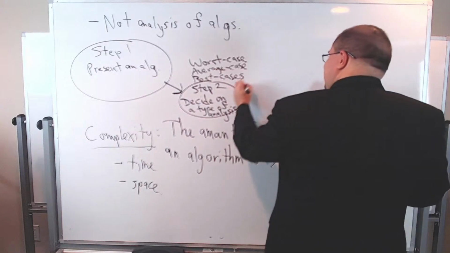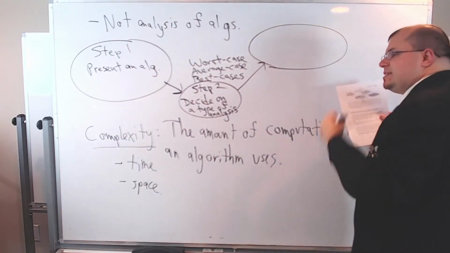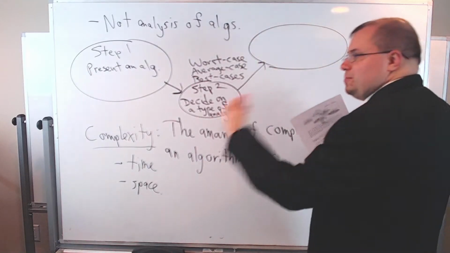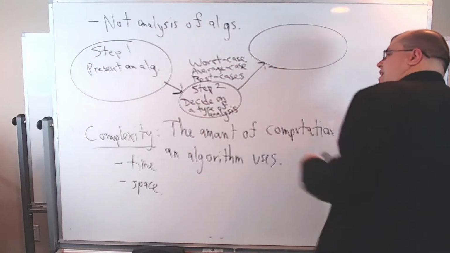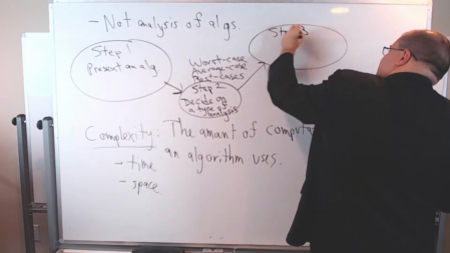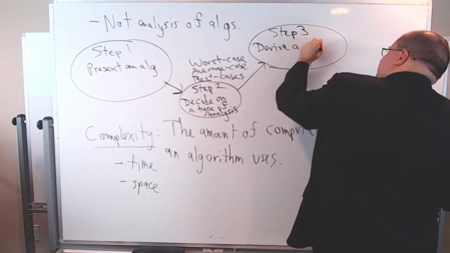And what happens? You derive a complexity function. The complexity function, as the name suggests, measures the complexity, whatever complexity you're looking at with respect to the kind of analysis you use. So in step 3, you derive a complexity function.